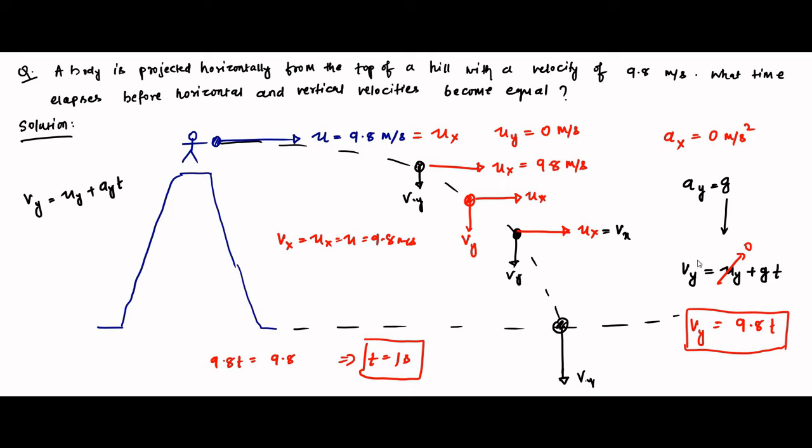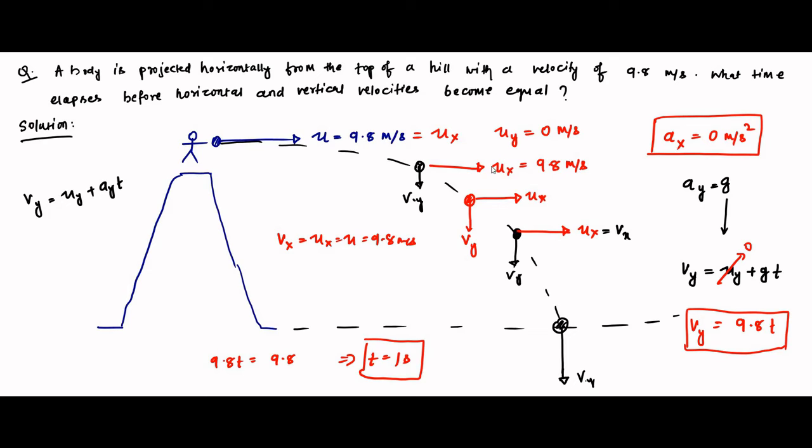Simply what we have done, we have used the basic concept of projectile motion. The horizontal component of the velocity will always stay the same because there is no acceleration in the horizontal direction. The vertical component will keep on increasing slowly as per this equation. We have to find a time instant t where both the horizontal and vertical components become equal.